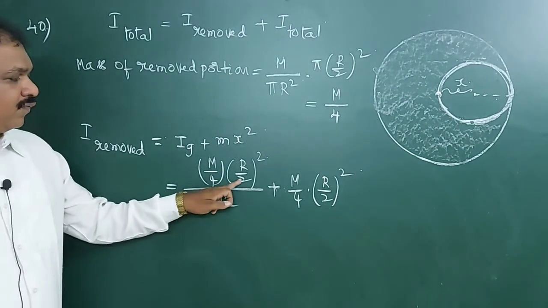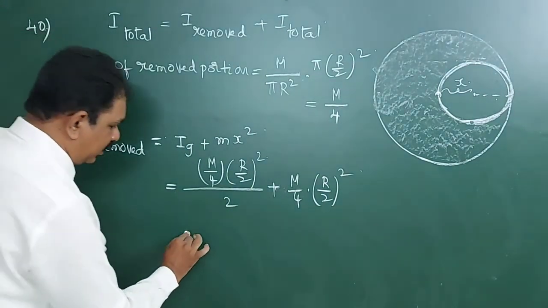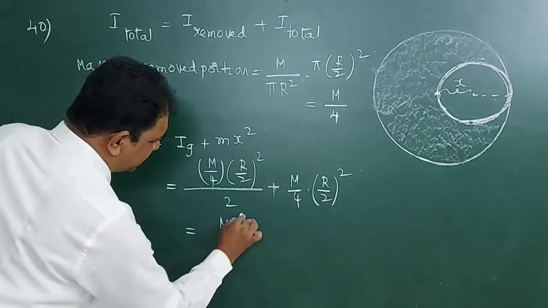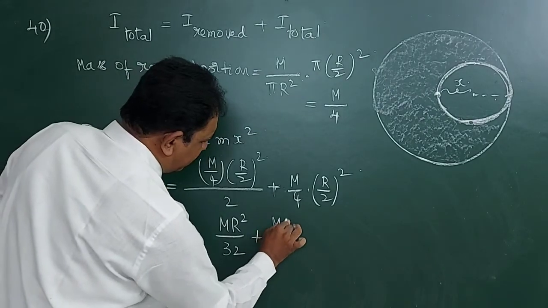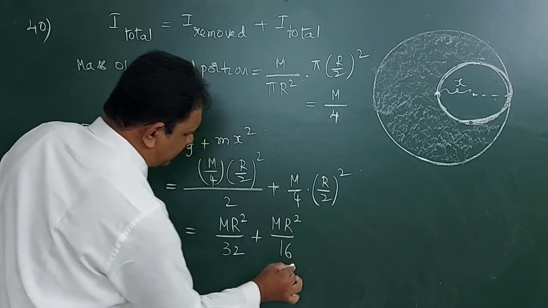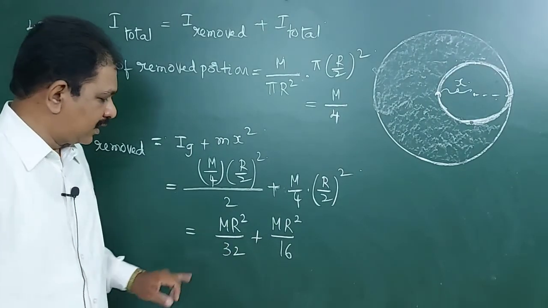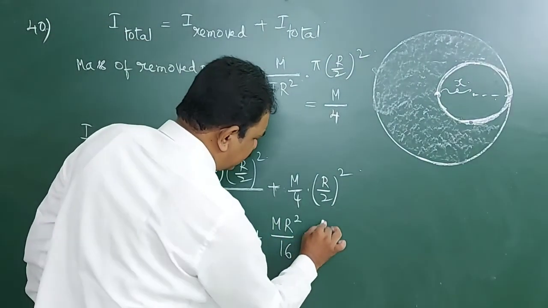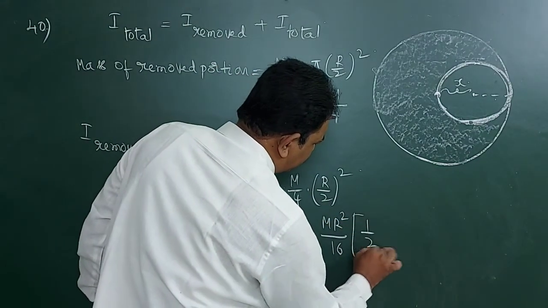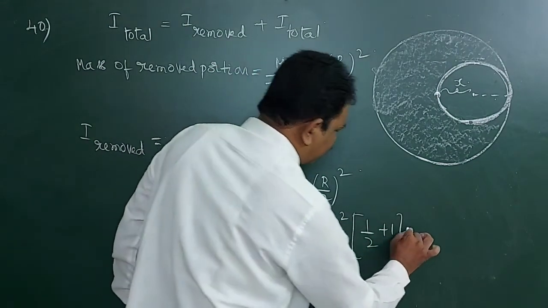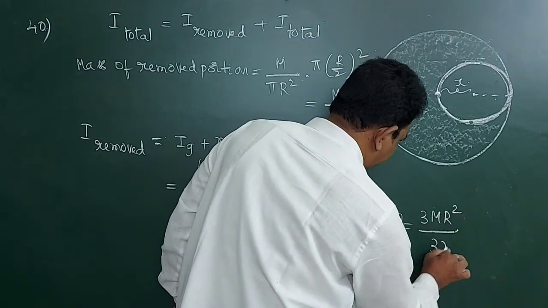So 4 4s are 16, into 2 is 32: mr square by 32 plus mr square by 16. If you take mr square by 16 common, into 1 by 2 plus 1, that is 3 mr square by 32.